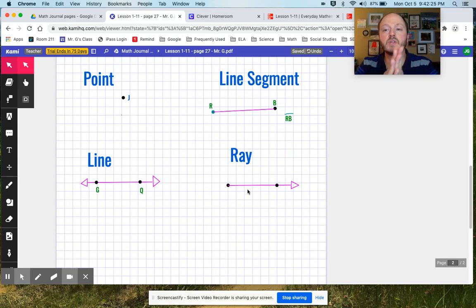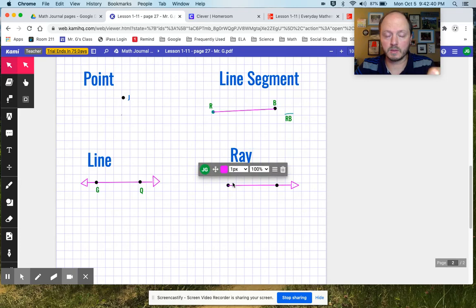And what's really important about naming and labeling rays is that we have 2 points on a ray, and one of them is the starting point. Some people refer to it as the end point. I like to think of it as a starting point because it's really where the ray is starting from, and then it just keeps going in that one direction.